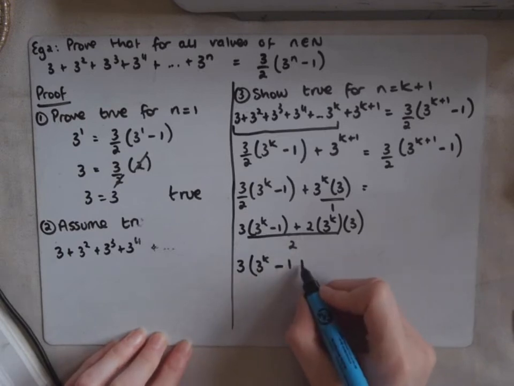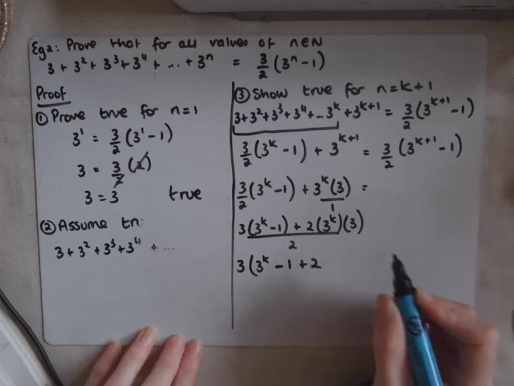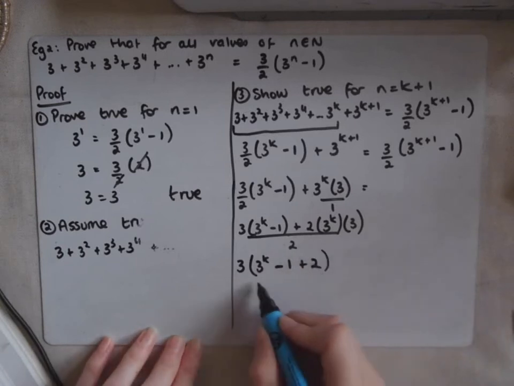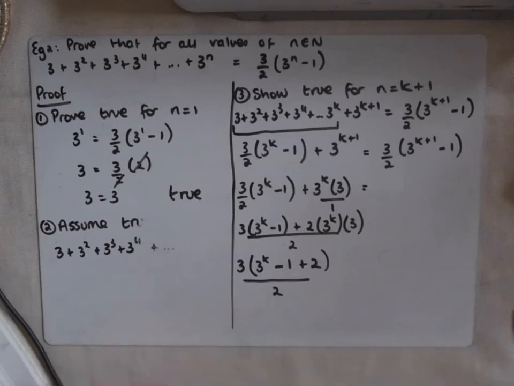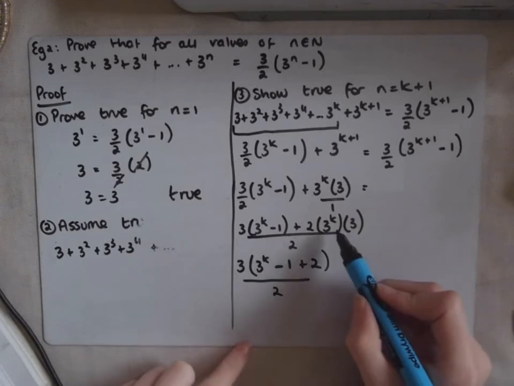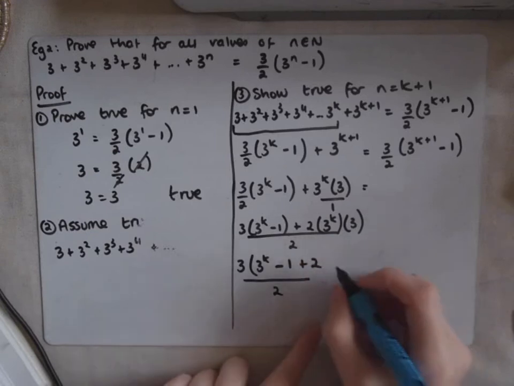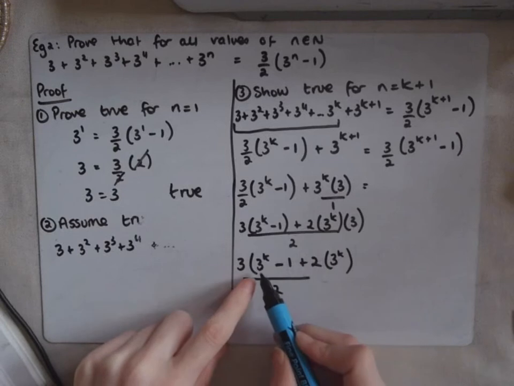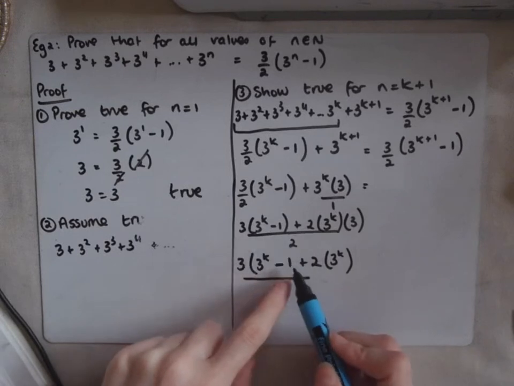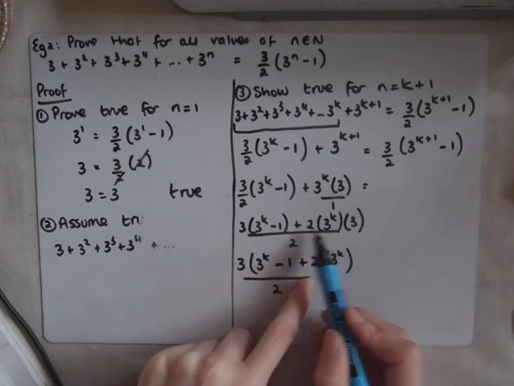And here I'm left with plus 2, and that's over 2. Sorry, there's a 3 to the k there, isn't there? So I factorised out the 3. 3 to the power k minus 1 plus 2 by 3 to the power k.